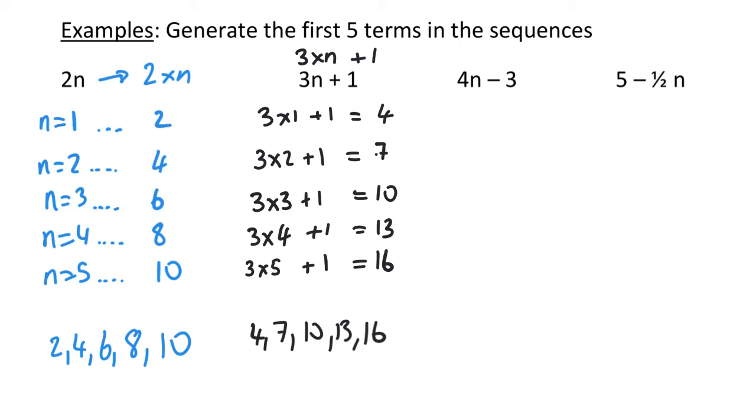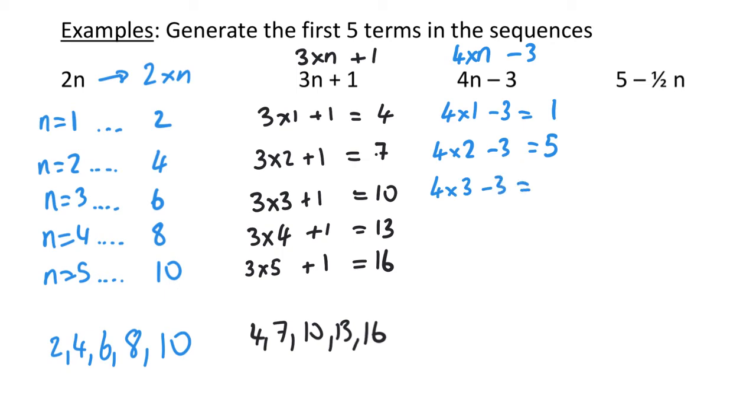For 4n minus 3, that means 4 multiplied by n, take away 3. So when n is 1, it's going to be 4 times 1, take away 3, which is 1. 4 times 2, take away 3. So that's 8, take away 3 is 5. 4 times 3, take away 3.